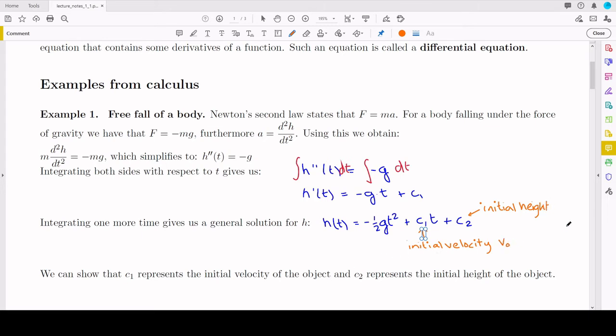So if we call that v naught and then the initial height h naught, our solution now becomes h of t equals negative 1/2 g times t squared plus v naught t plus h naught.